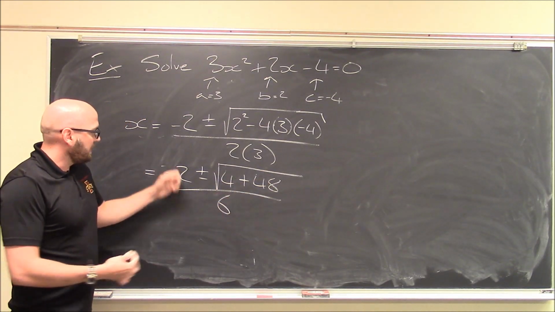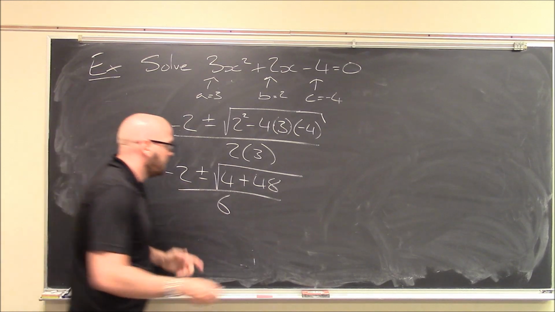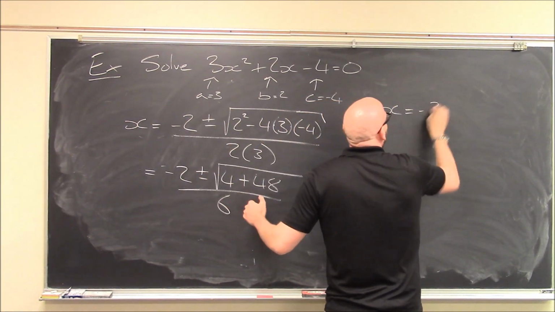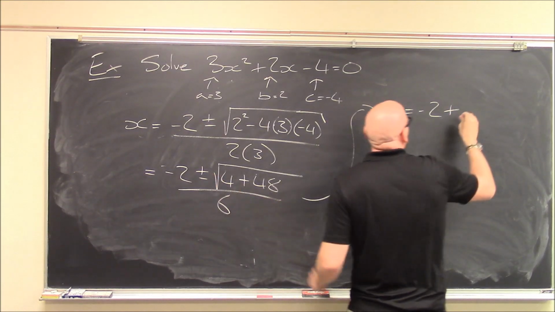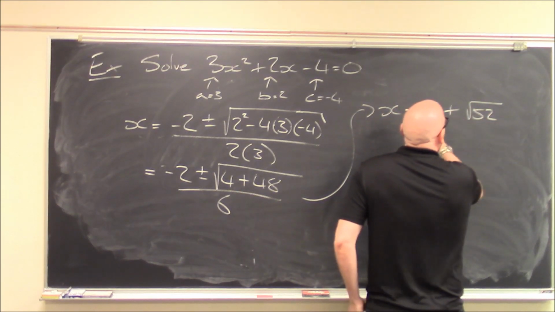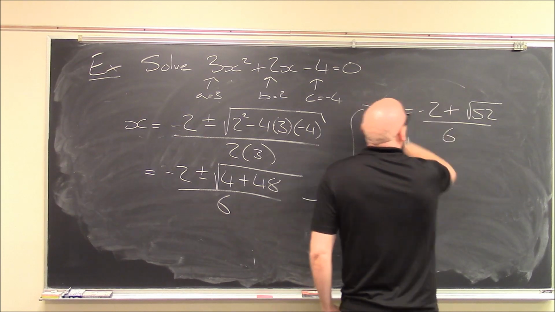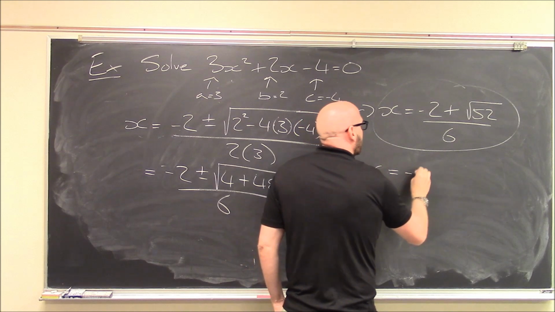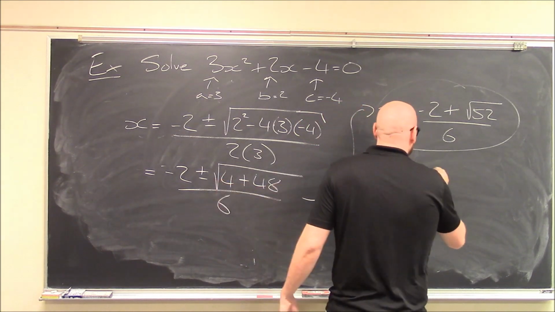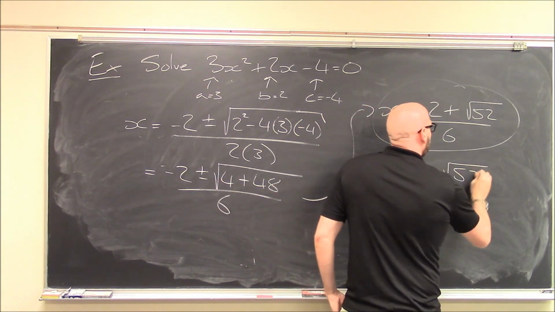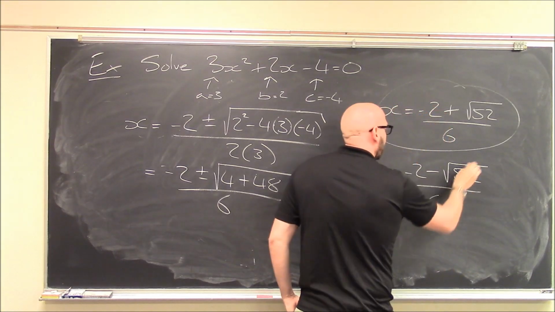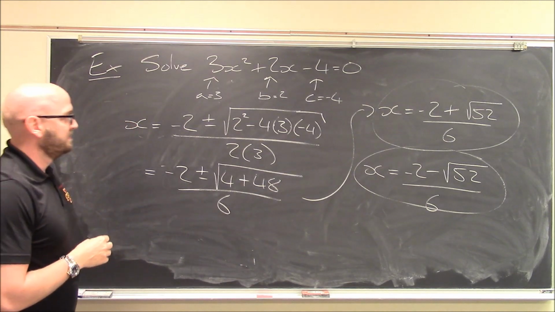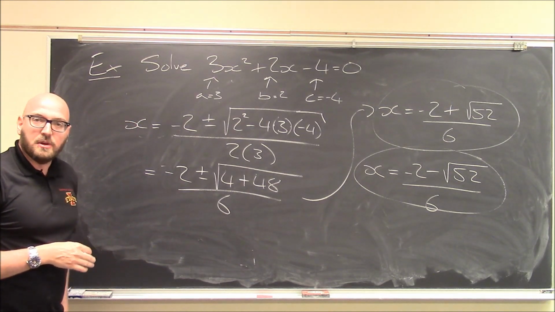And maybe I want to separate my two solutions, right? So x is minus 2 plus the square root of 52 over 6. Right, there's one solution. Or x is equal to minus 2 minus the square root of 52 over 6. And there's another solution. And there's my two solutions to this quadratic equation.